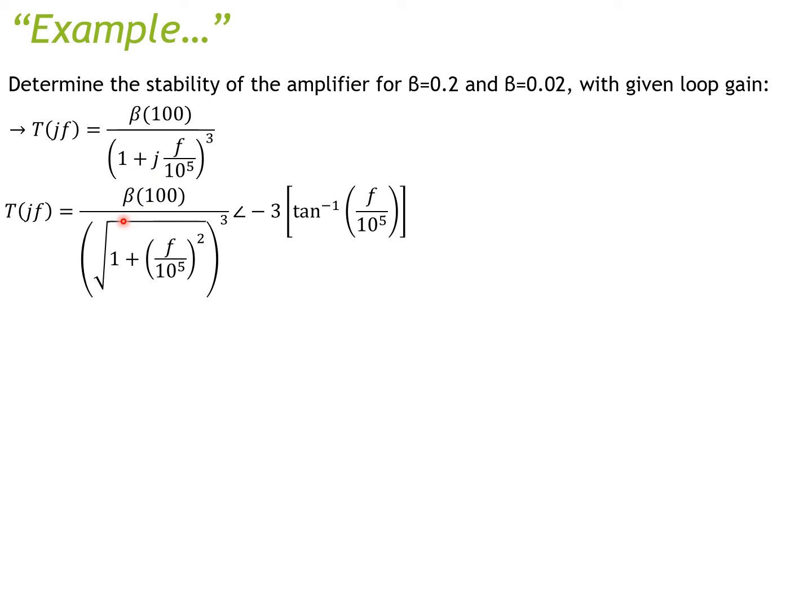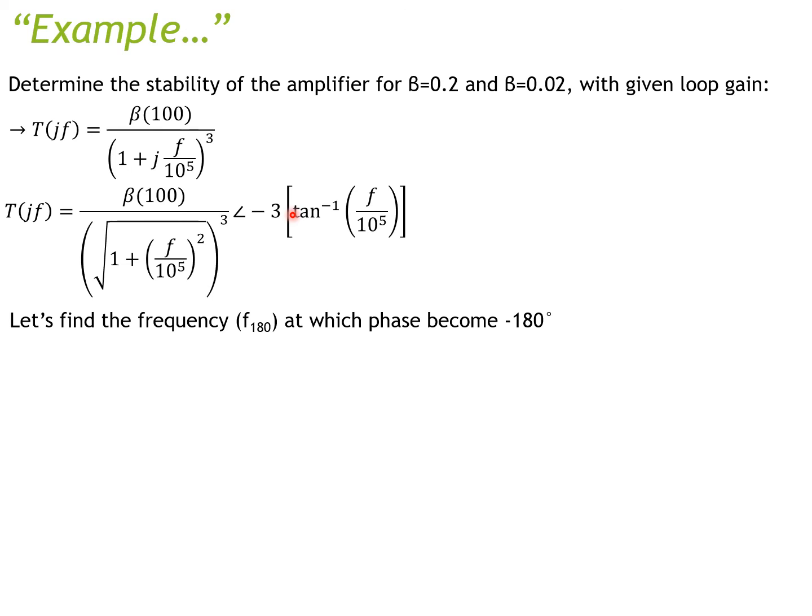In other words, because you have 3 of the same pole, you just repeat this term 3 times. How about the phase? It's negative 3 multiplied by the inverse tangent of f over 10 to the 5th. Likewise, you just take this and repeat it 3 times. That's why you take the factor 3 out.